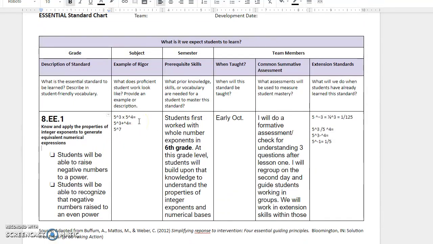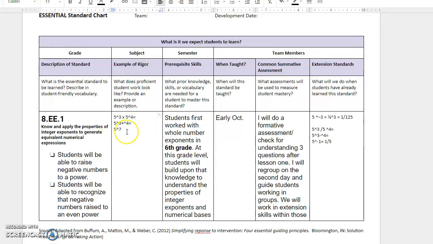Now, example of rigor. This is actually a very basic formula, and I'm sure my math department would agree, but these carets here are actually exponents. So when you're looking at this, those are actually to a certain power. So 5 cubed times 5 to the square root of 4 equals 5 cubed plus the square root of 4.